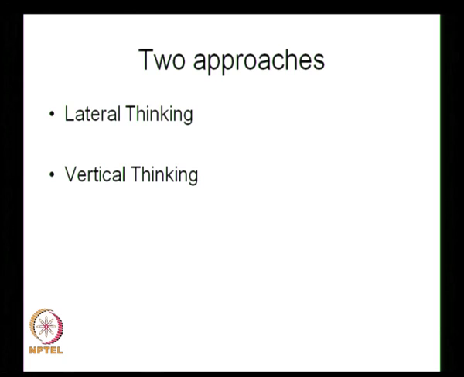In getting the alternatives, I mentioned there are many alternatives to be considered. In getting the alternatives, there are two approaches. Basically one is known as lateral thinking, the other one is vertical thinking. I will explain these two methods. Basically, lateral thinking starts with a basic problem or a single problem.